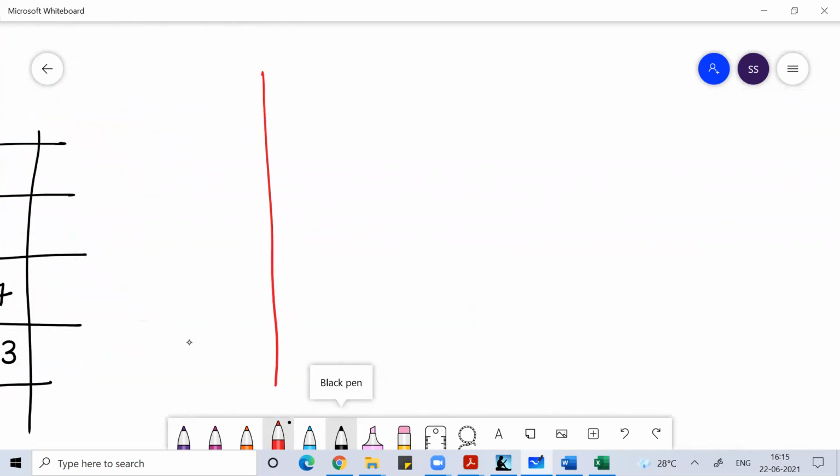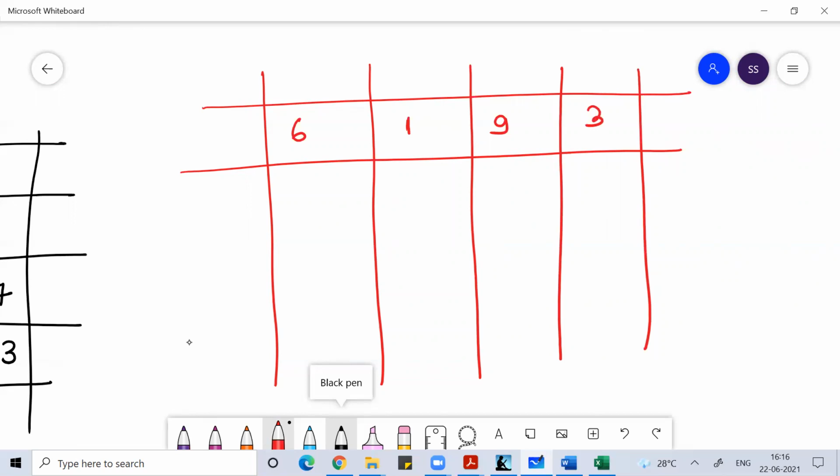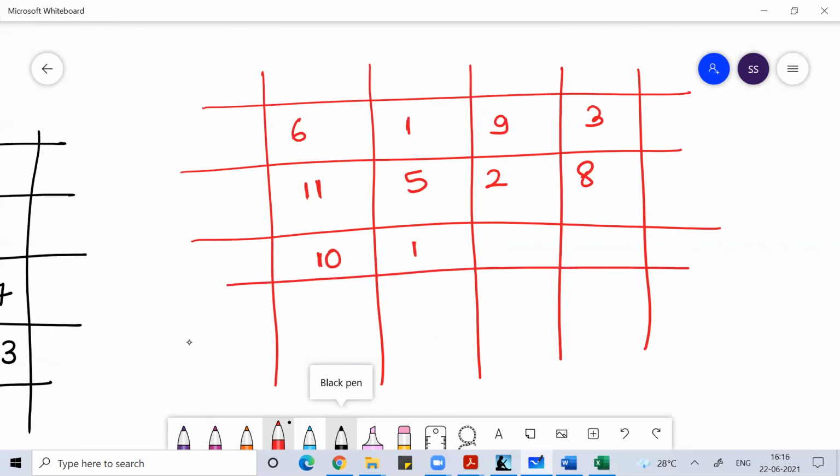So this is 6, 1, 9, then 11, 5, then 2, 8, then 10, then 12, then 4, then 7. Okay, then I added dummy row 0, 0, 0, 0.